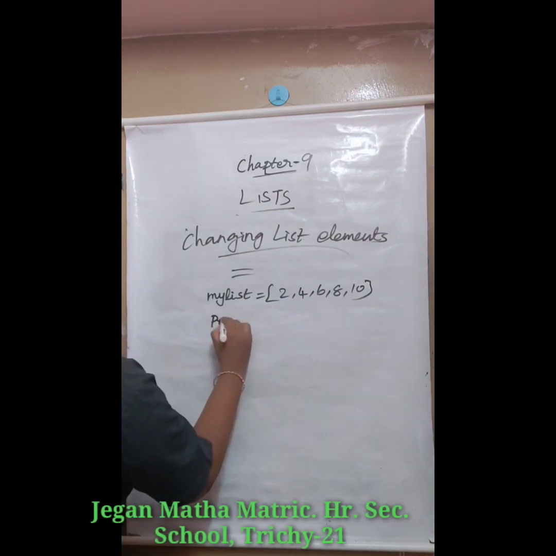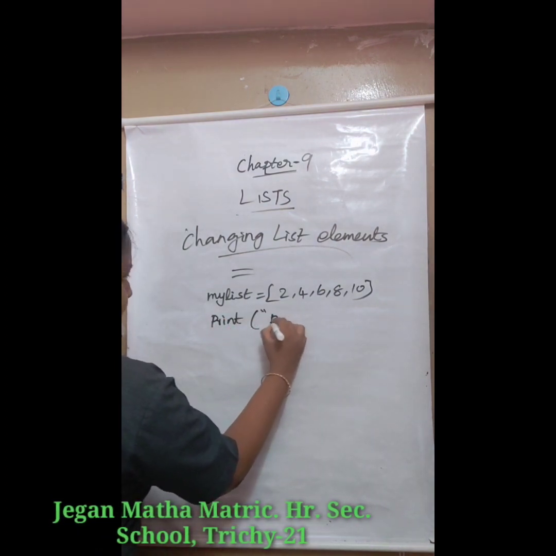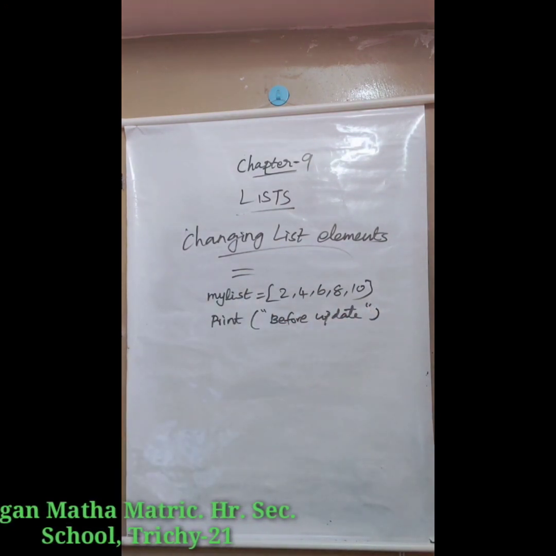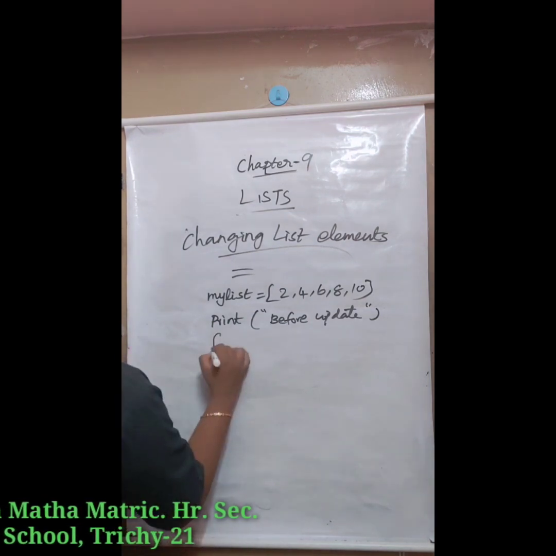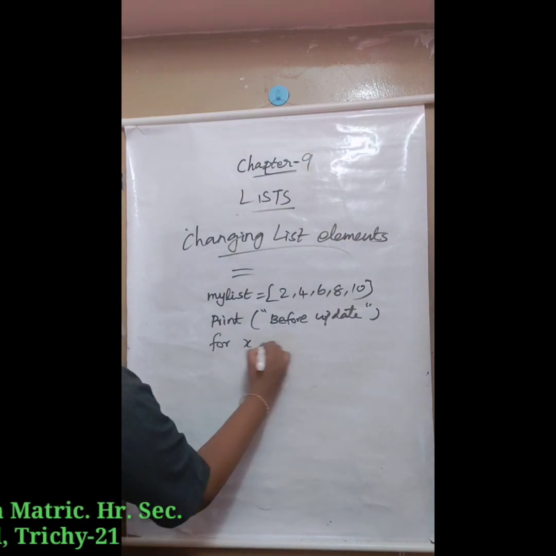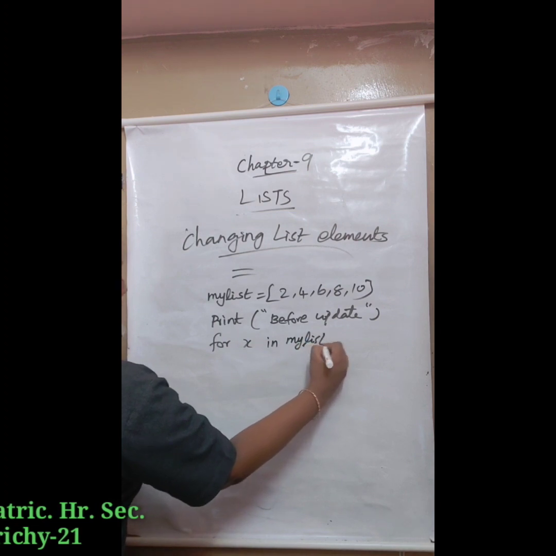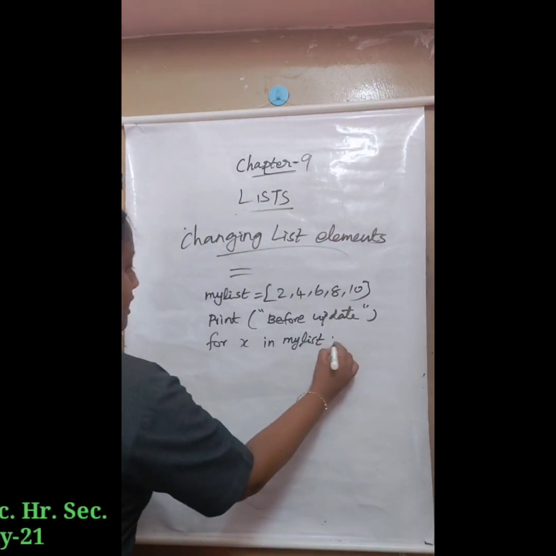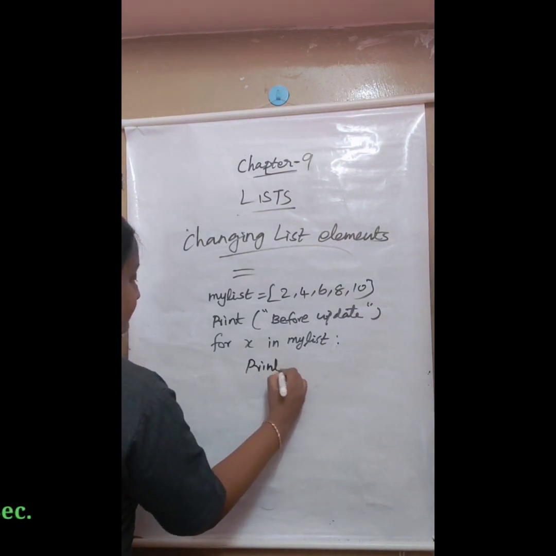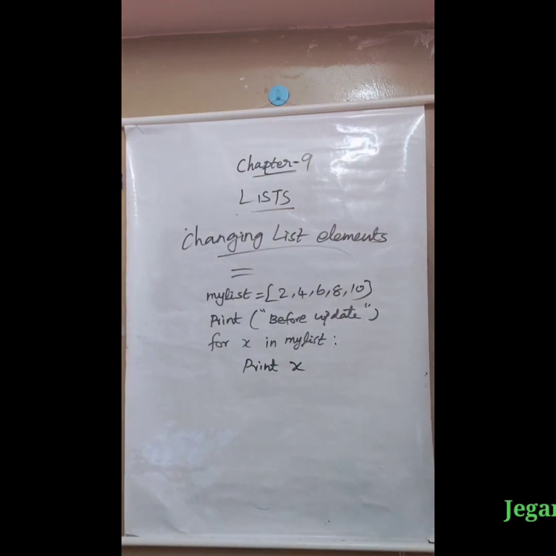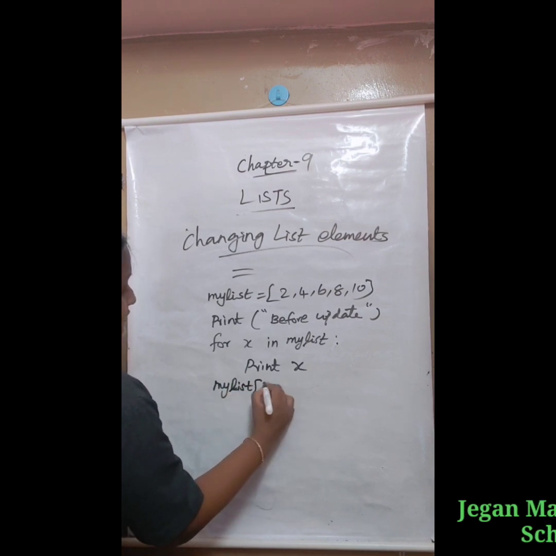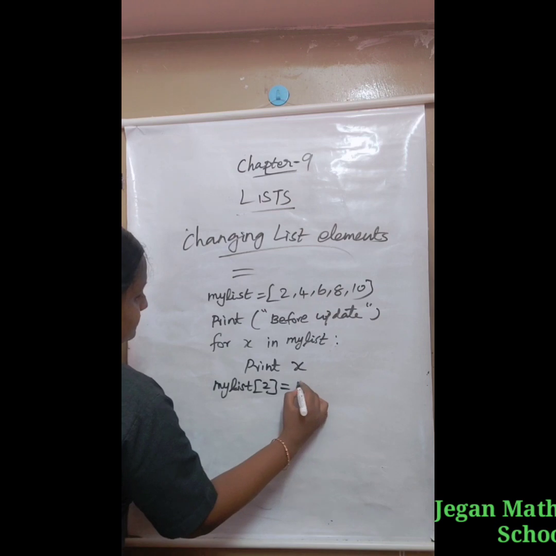Here, before update, and next, for x in my list, print x. The next statement: my list of 2 equal to 5.